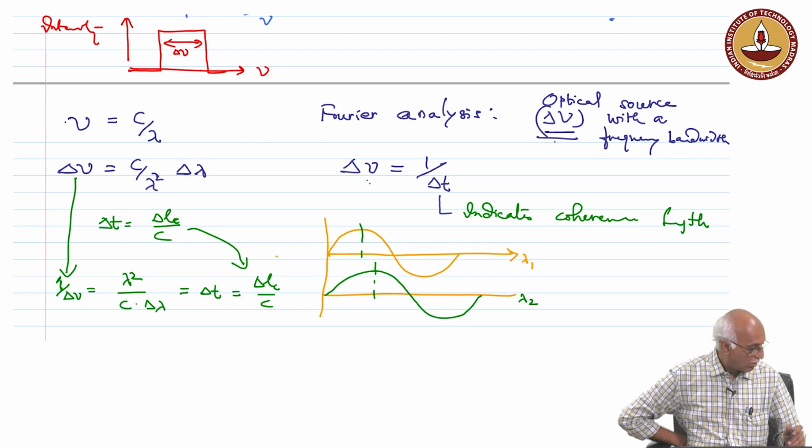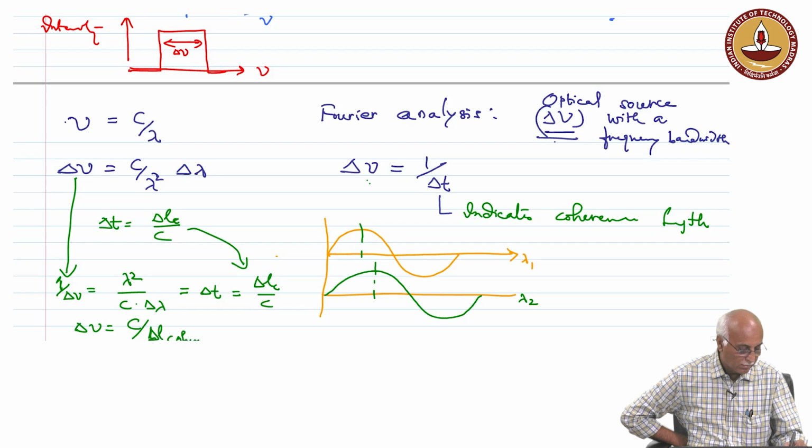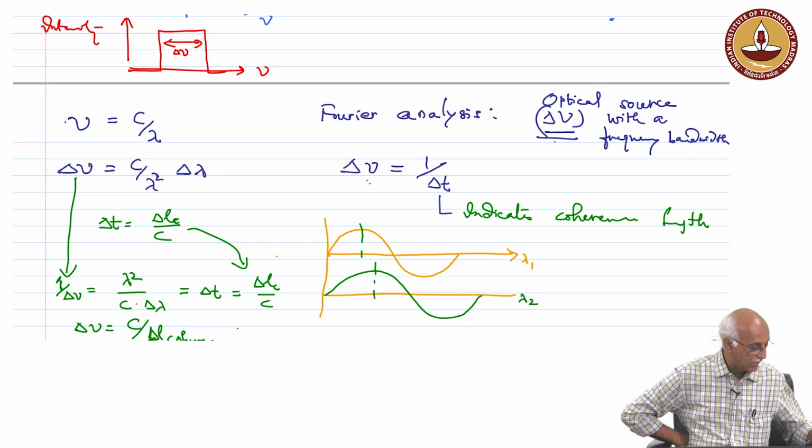So, basically delta nu is C by coherence length, right, this length LC, delta LC.